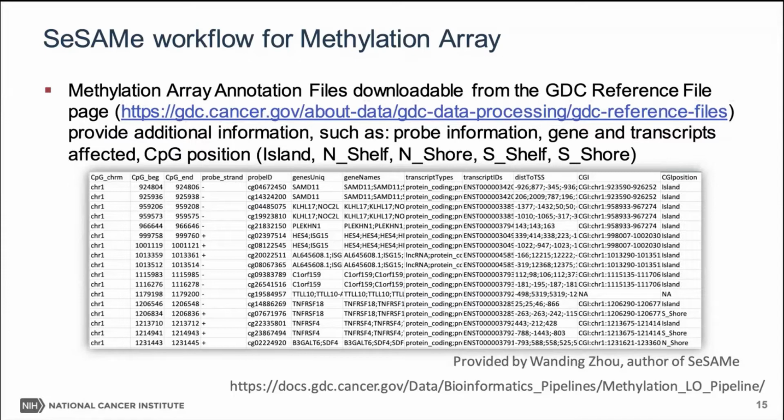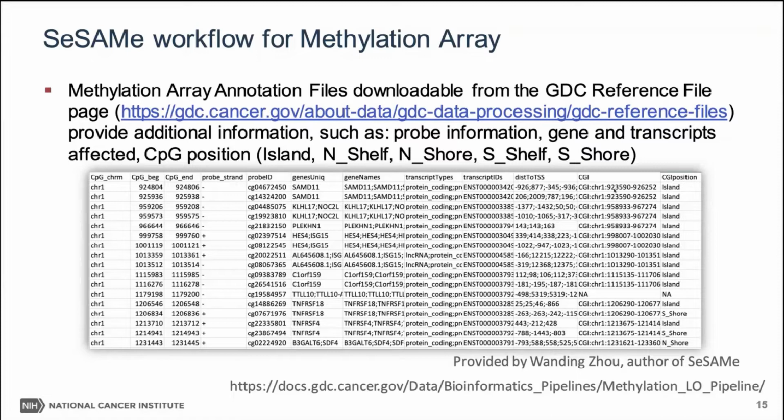For every probe, you can see the probe ID that's matching with what we have in the data file itself, but it also will tell you where this probe is and which gene this probe affected, which transcript this probe affects. What's the distance from this probe to the TSS of each gene?